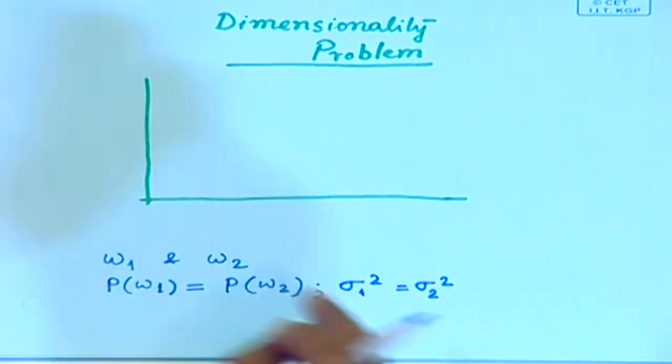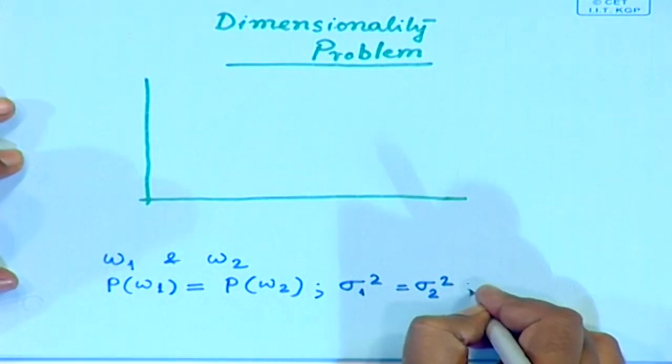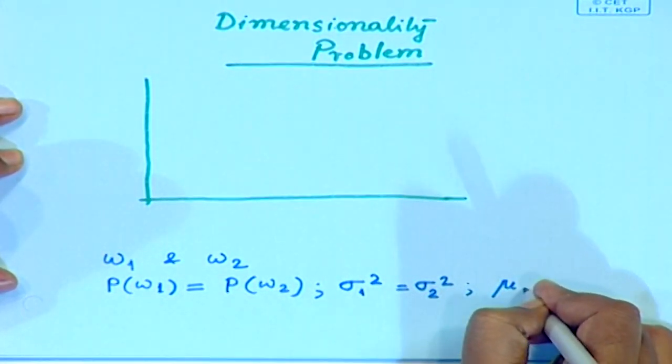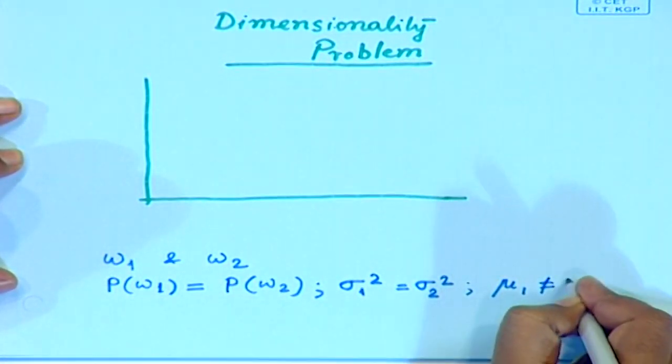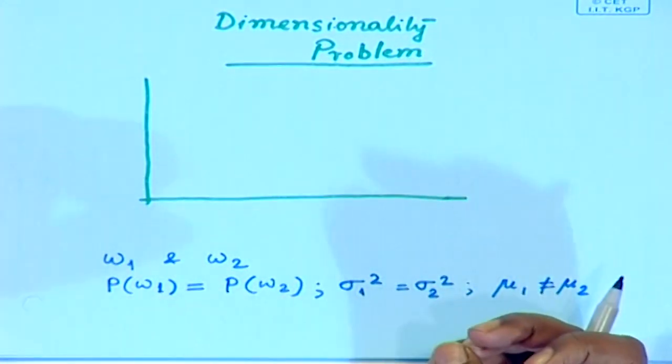That means both probability density functions have the same size and shape, but the means are different, that is, mu 1 is not equal to mu 2.